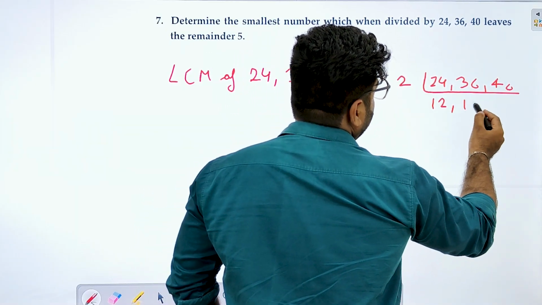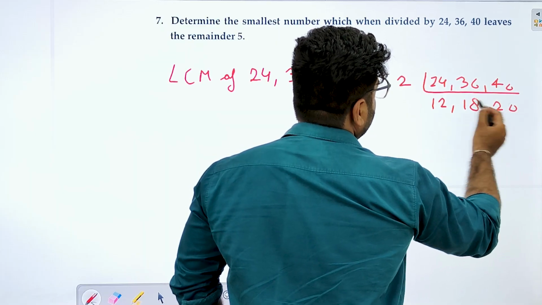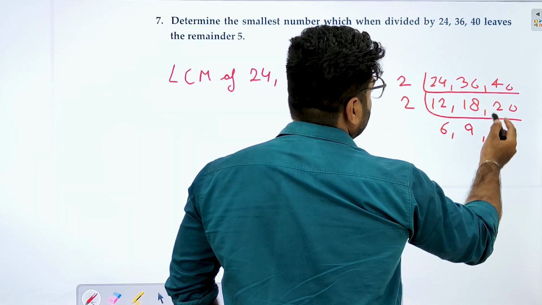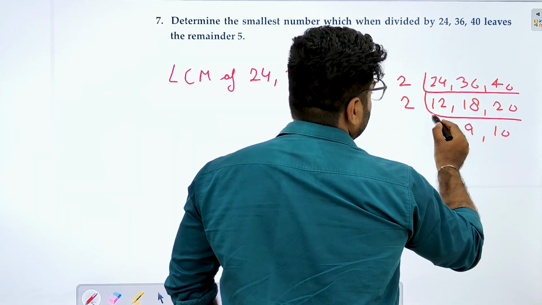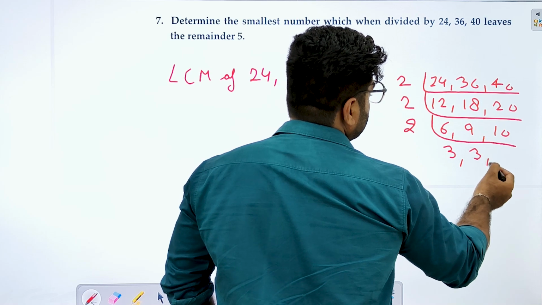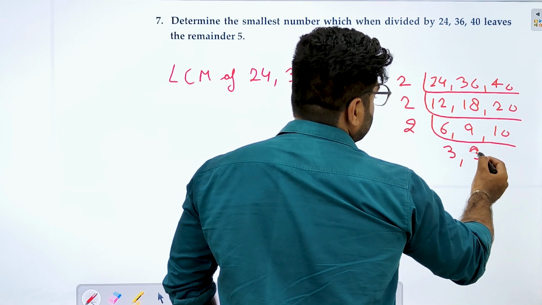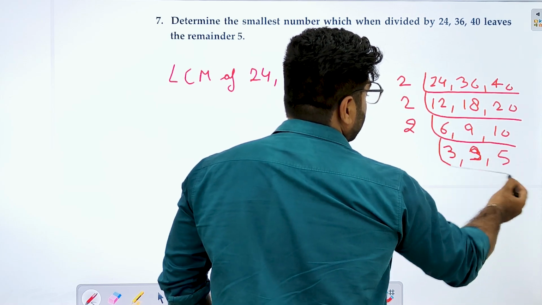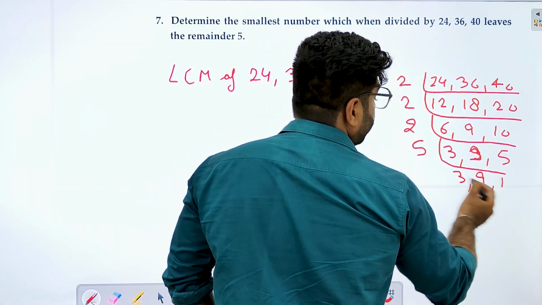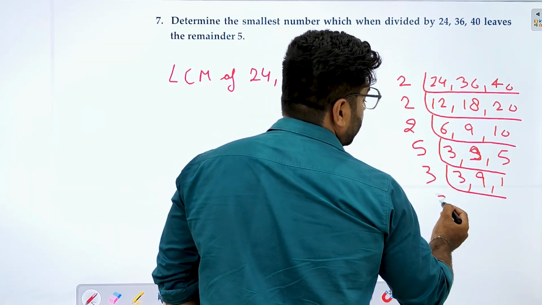Here we are having 18 and here we are having 20. Again 2, this is 6, this is 9 and this is 10. Here we are again 2, this is 3, this is 9. Sorry, this is not divisible, this is 5. Again we are having 5, this is 3, 9 and 1, then 3 and 3.